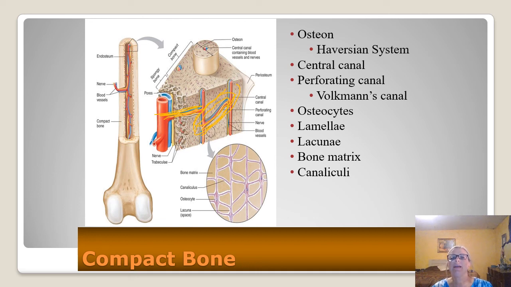Each canal contains blood vessels that nourish bone cells. The perforating canals are also called Volkmann's canals. Those are the ones that run sideways. It's really almost more perpendicular here, but kind of sideways. And they also contain blood vessels, but nerves as well. And then, of course, you can see all these parts on here that we learned about in histology.